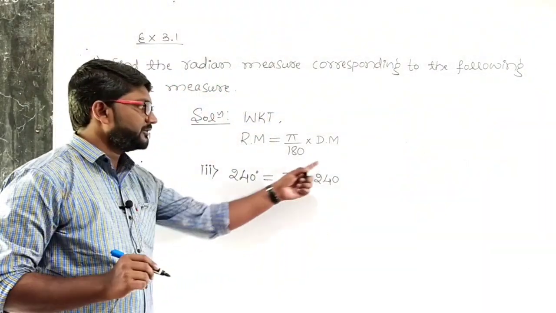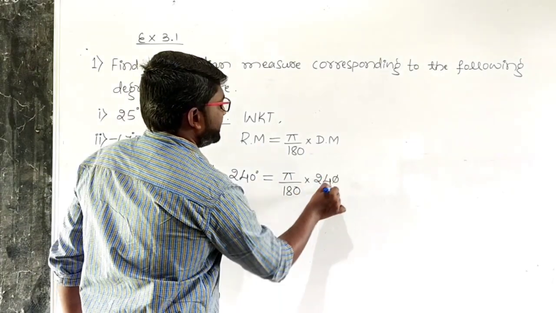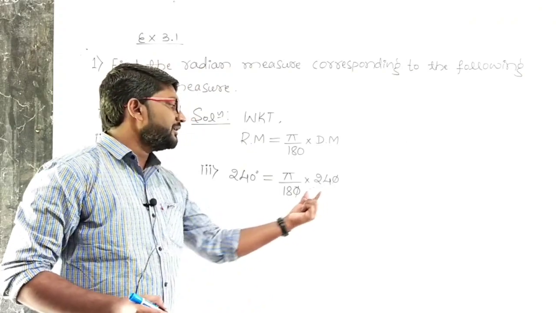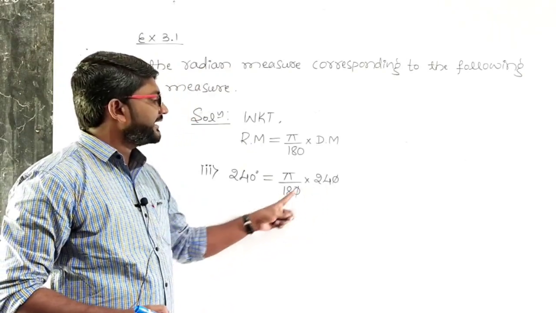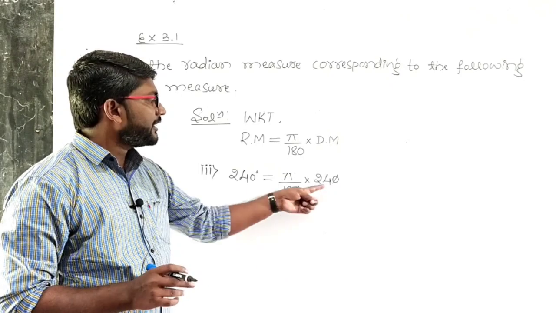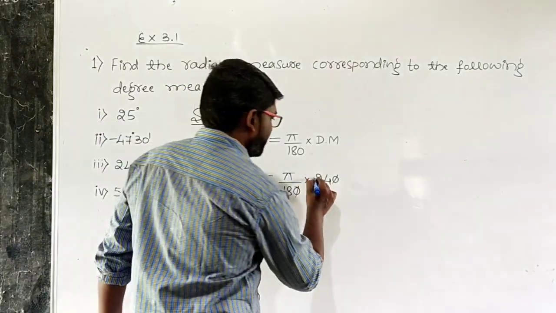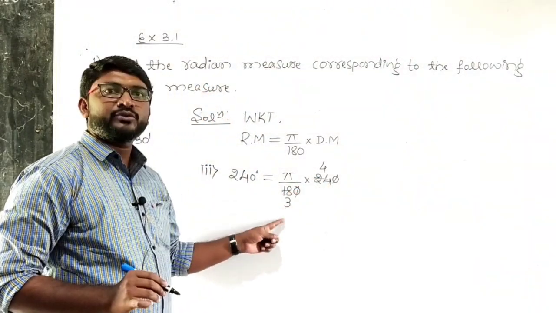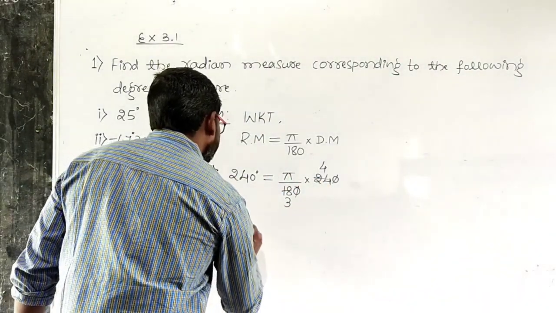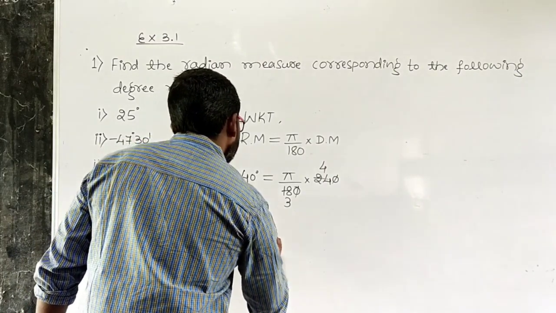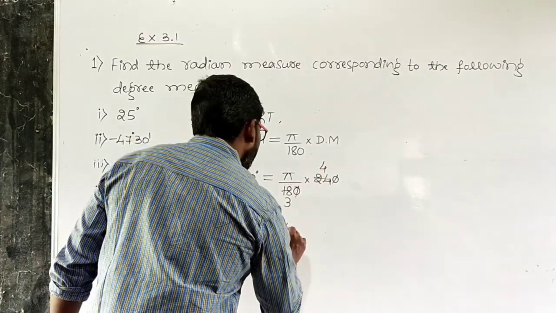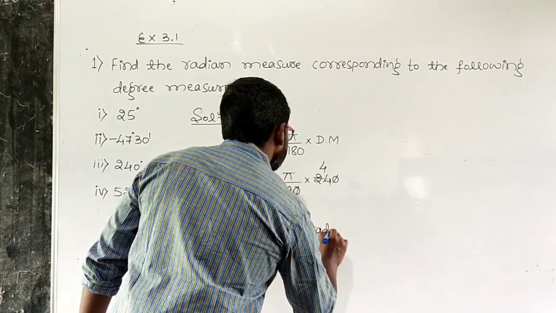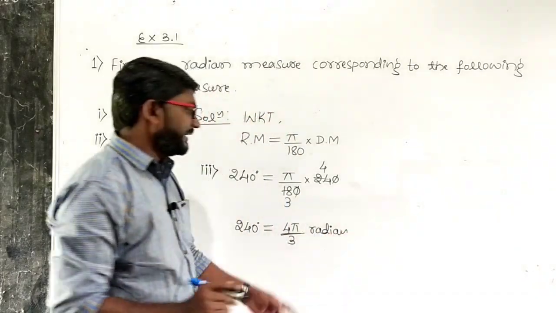Now we have to simplify this. Here 0 and 0 get cancelled. Then we have 24 and 18. These two get cancelled in the 6 table. 6 fours are 24, 6 threes are 18. So 240 degree equals 4 pi divided by 3 radian.